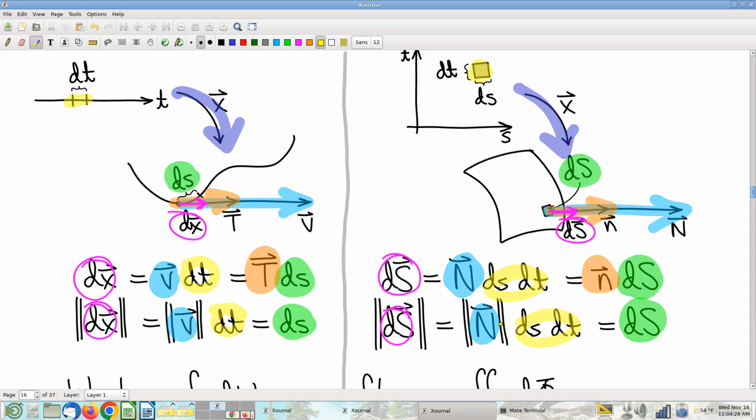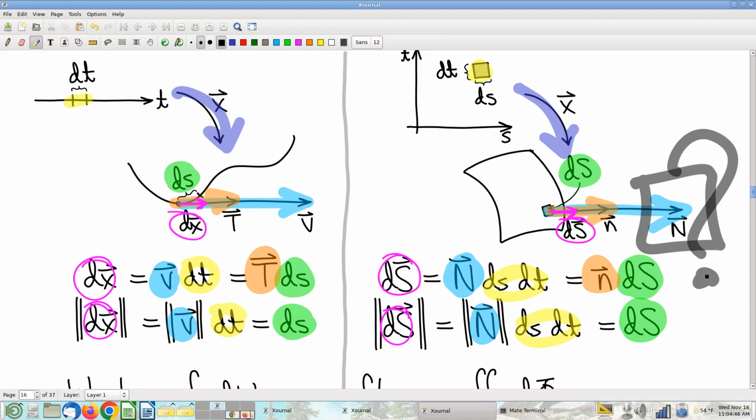I also think this can be really helpful as a learning tool. A lot of students, for example, find themselves uncomfortable with the capital N vector. What is that, and how should I think about it? A great way to think about it is to realize it's the surface integral analog of the velocity vector.